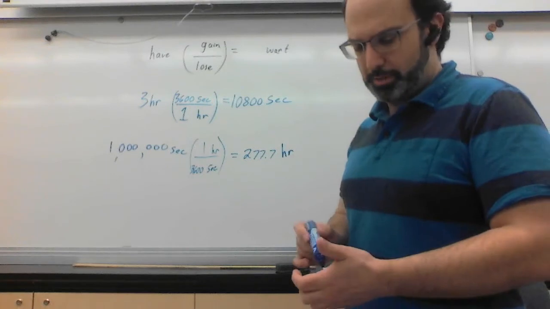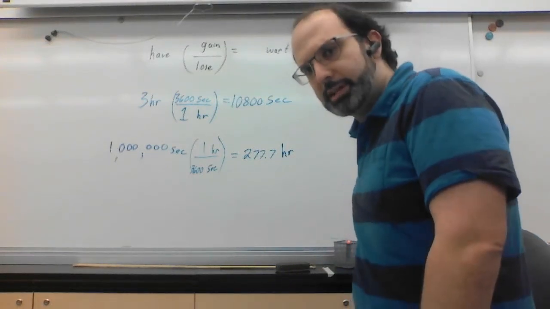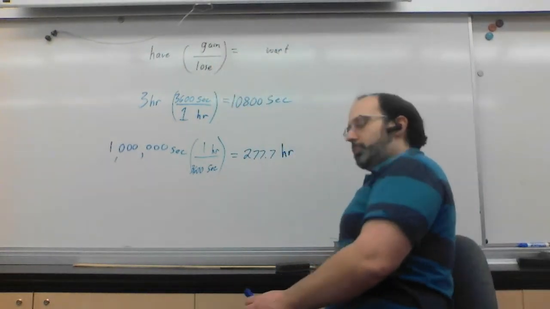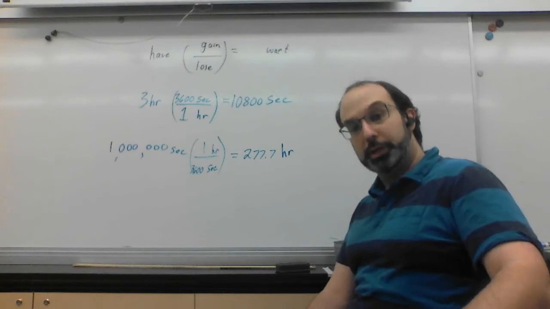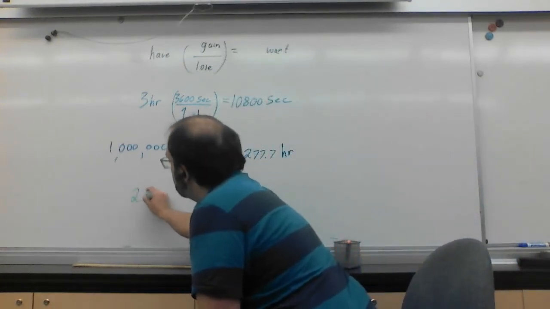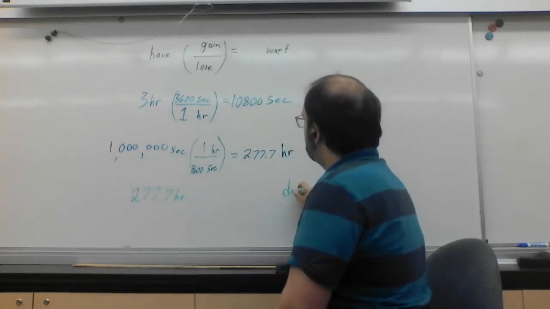That doesn't seem very helpful, does it? Like 277 hours? What does that mean? Well, that's okay. We can convert it again. We've got 277.7 hours. Let's make that days.